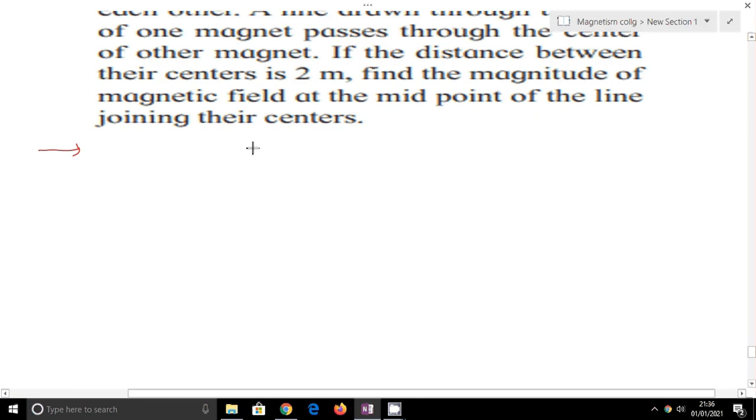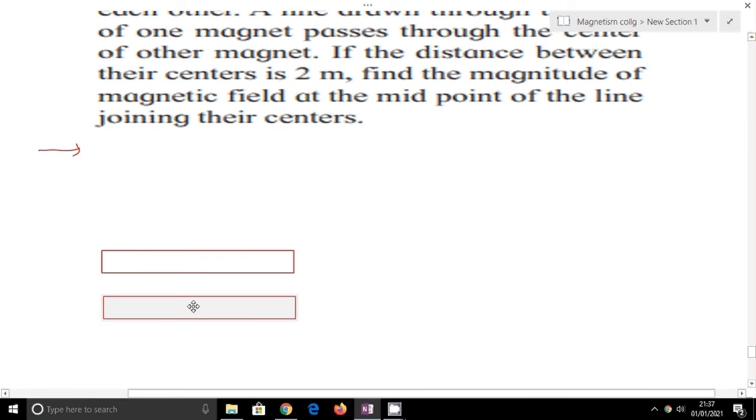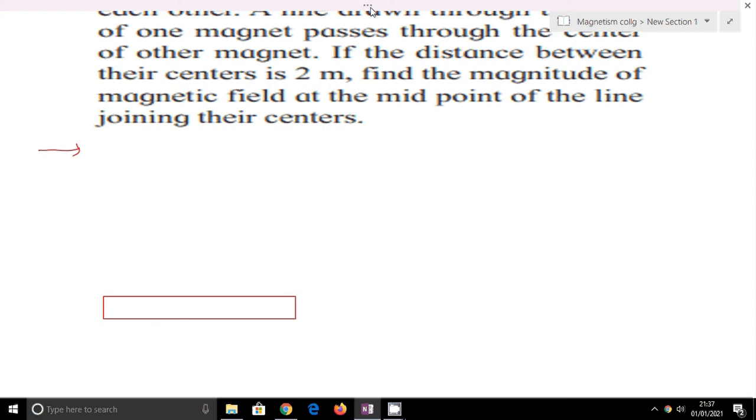So see here, first I draw a bar magnet here. So this one is the first bar magnet. Now we have to keep the second bar magnet in such a way that the axes of both these magnets are perpendicular to each other.